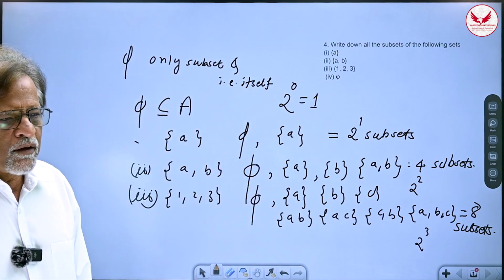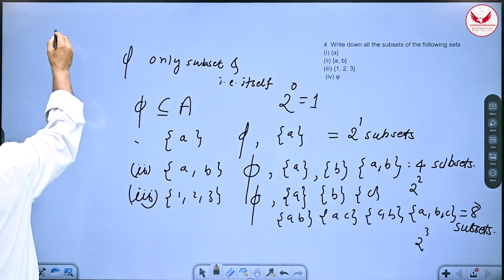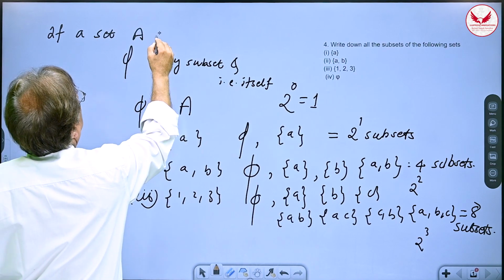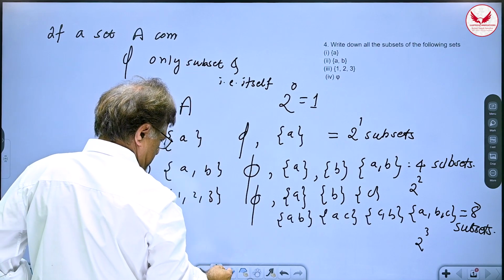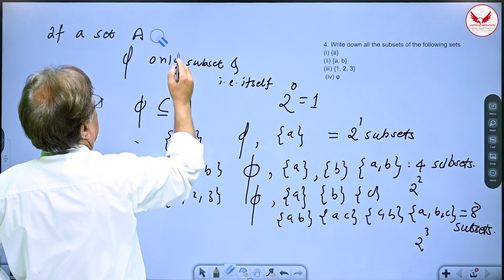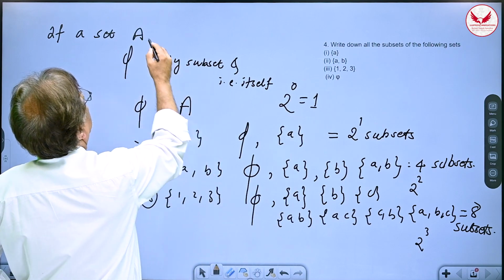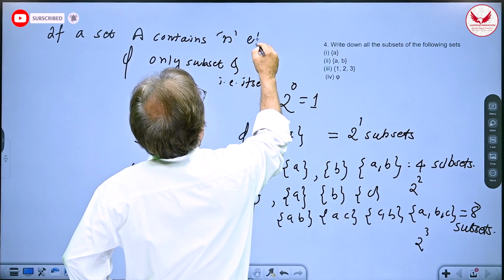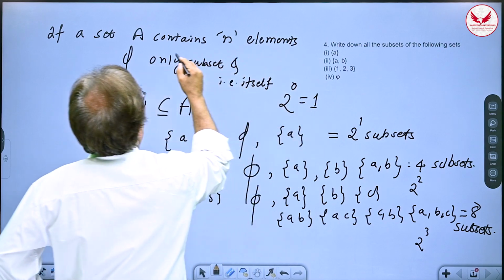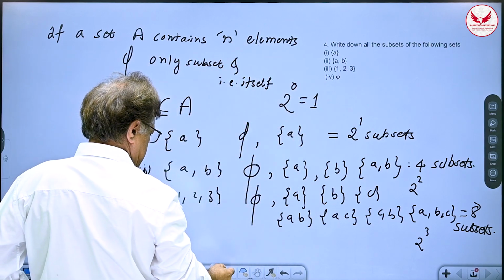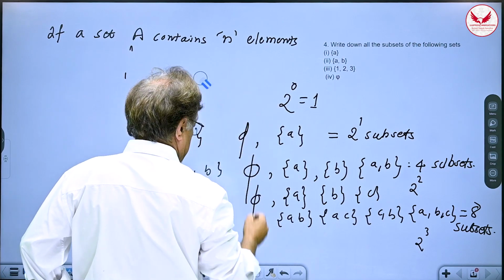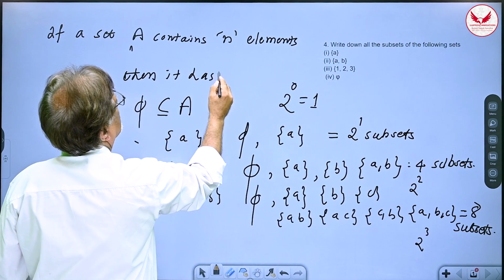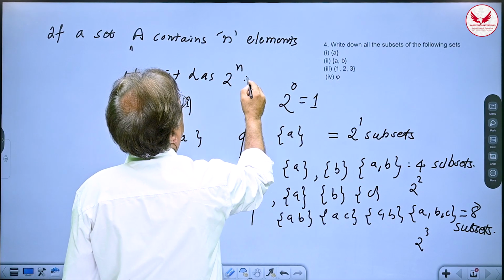So this example gives you an illustration of a statement we can generalize, which says that if a set A contains n elements, then it has 2 raised to n subsets.